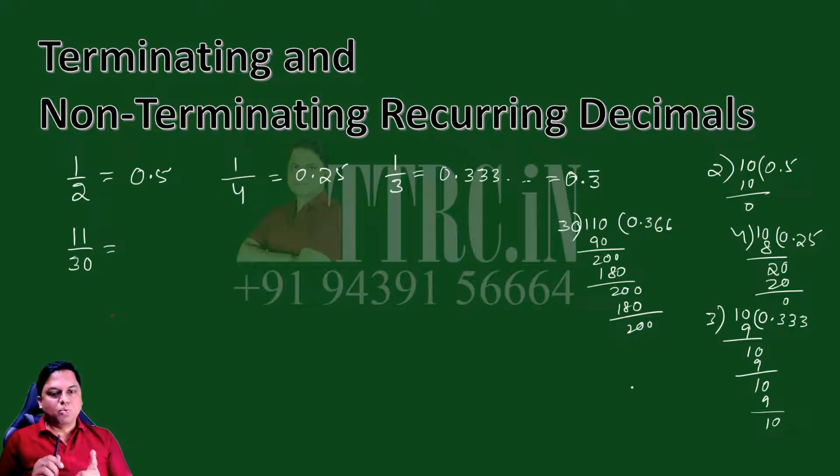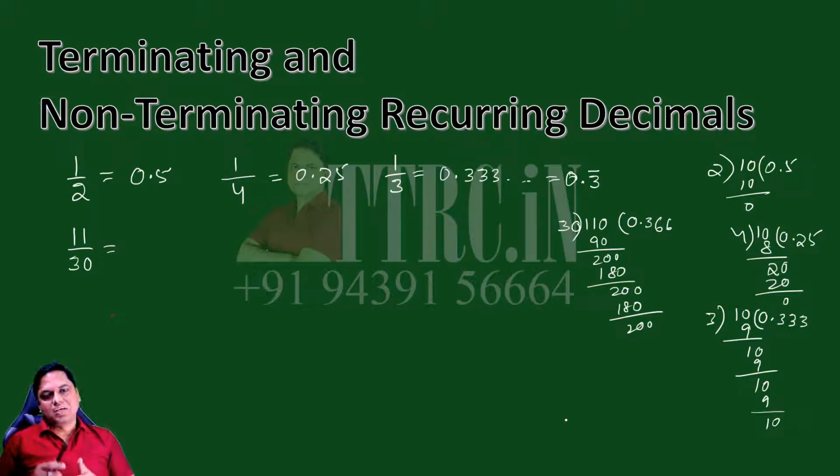So what is the difference in both these cases, 1/3 and 11/30? Here, after the decimal point, all the digits are 3. But in this case, our first digit is 3 and all the rest of the digits are 6. So definitely it is non-terminating, but it is recurring and the recurring digit is 6.